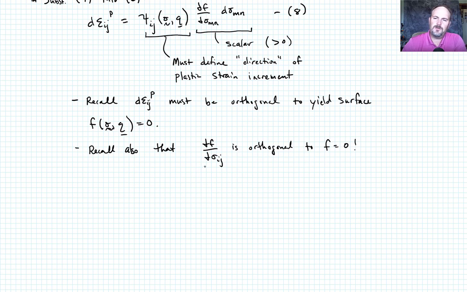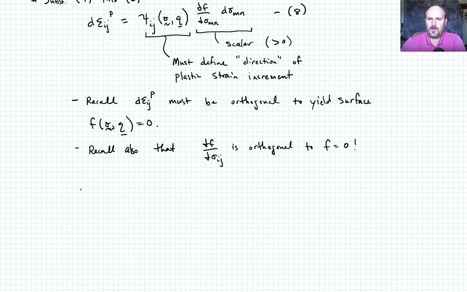So what we know is that the plastic strain increment d epsilon ij p must go in the same direction as this gradient quantity here. This gradient quantity can be represented in this psi ij as the direction, so to speak.